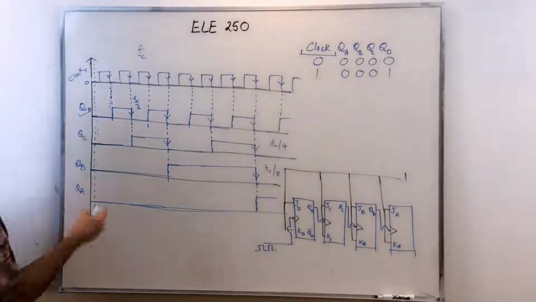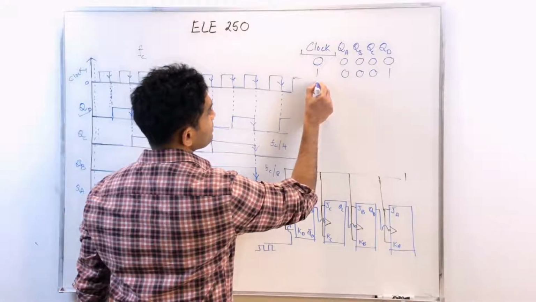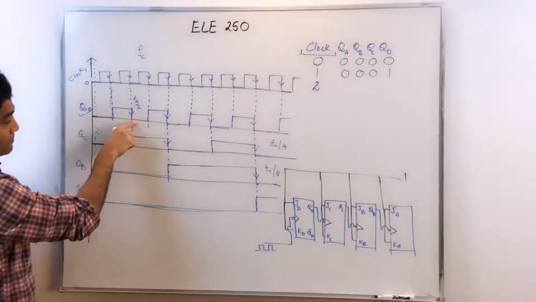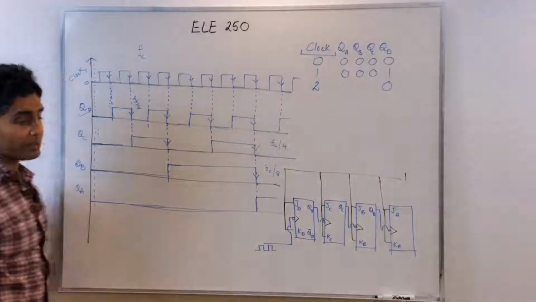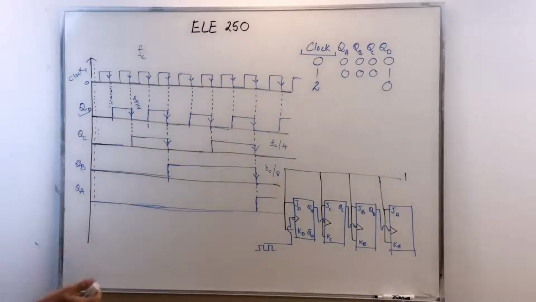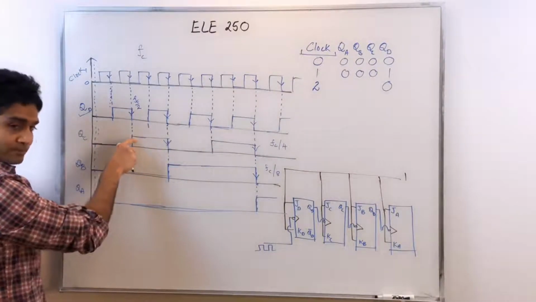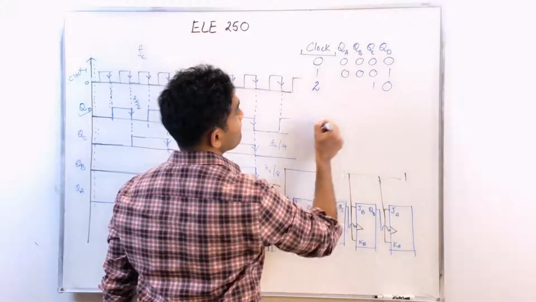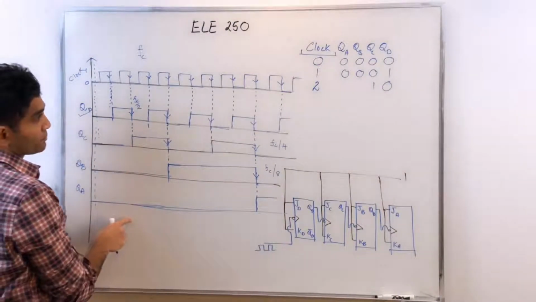On the second active edge, which happens here, my QD becomes 0, because obviously it's toggling. With every active edge, my QD is toggling. What about QC? My QC becomes 1. And then QB and QA are zeros.